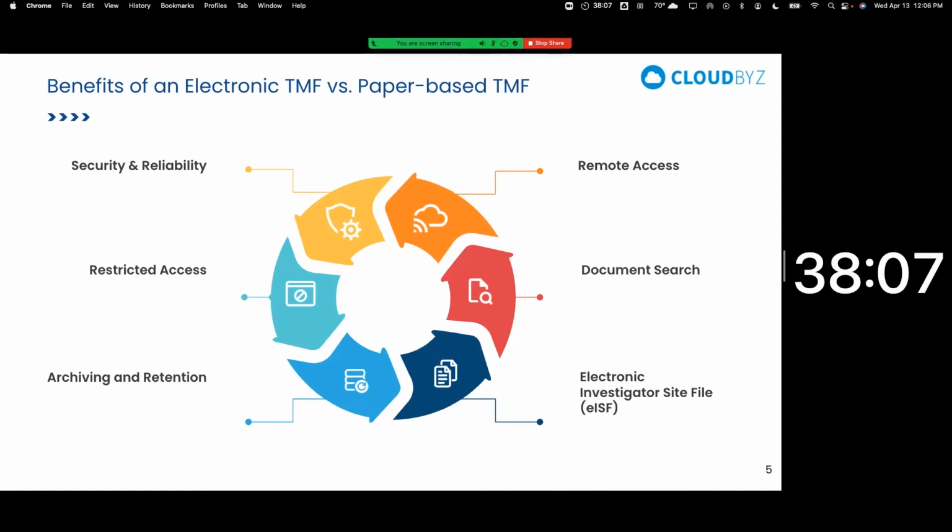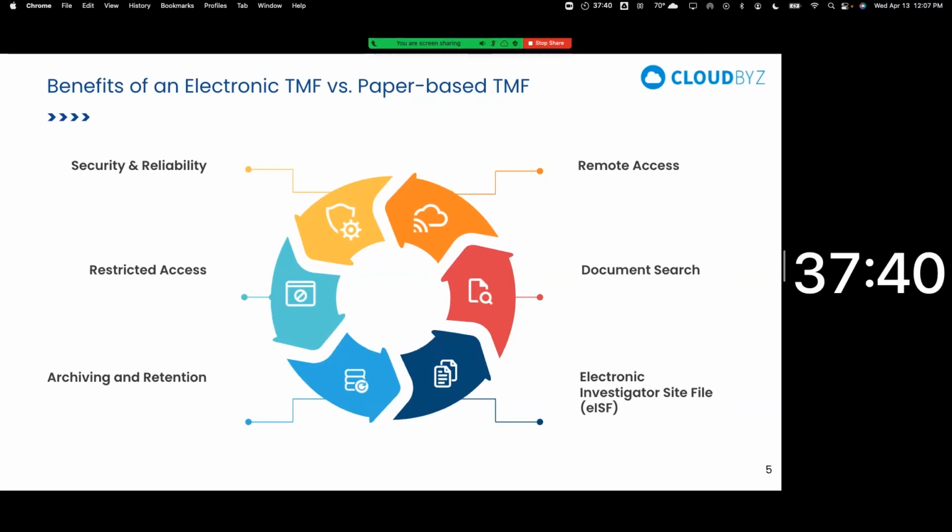The electronic TMFs should first and foremost enable appropriate security, ensuring that there is no loss, alteration, or corruption of data or documents. Also, it should be reliable and should have regular backup of its content. With paper-based TMFs, the sites or any other stakeholders or even the sponsors were always concerned about the security of the trial master file, like how accessible are the documents?